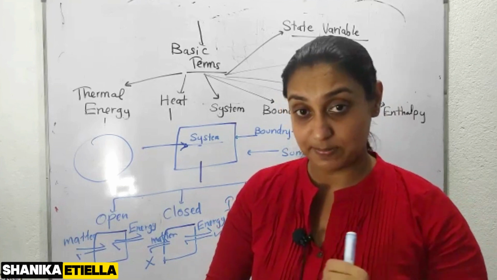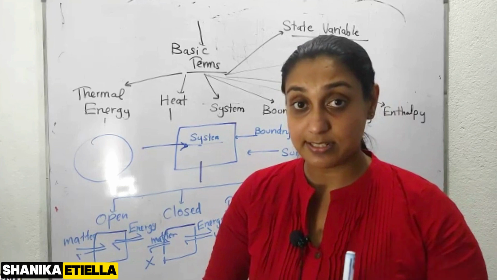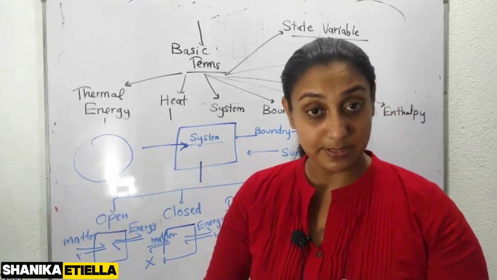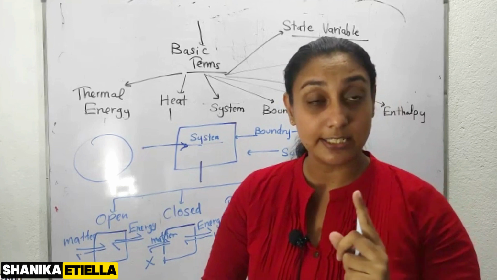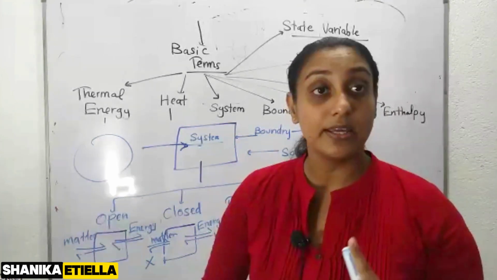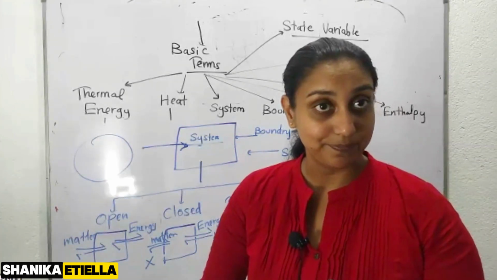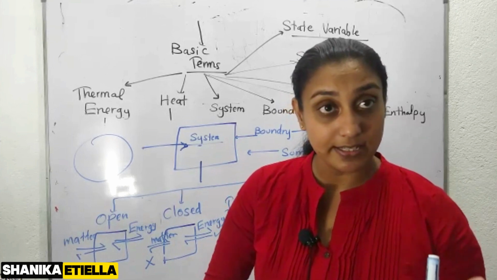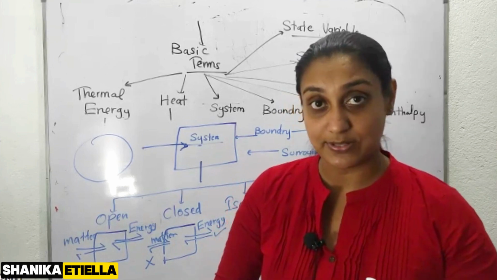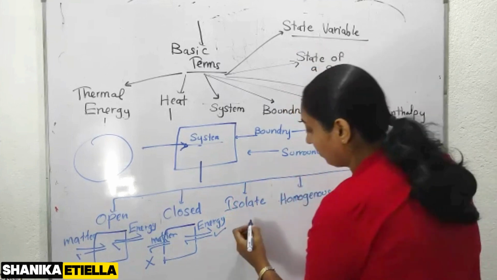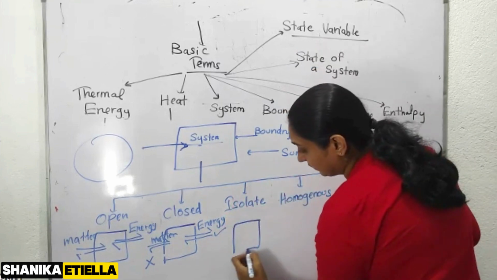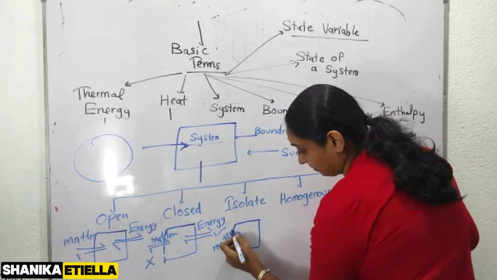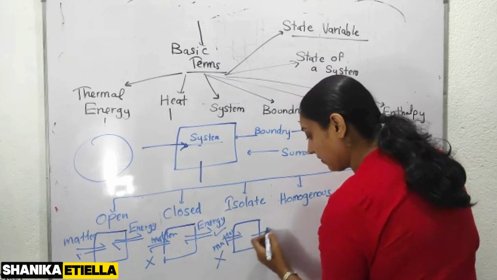So for that particular period, we can consider the flask as an isolated system, which means it cannot exchange matter or energy with the surrounding. No exchange of matter and energy with the surrounding in an isolated system. No energy or matter exchange. Matter no. Energy no.